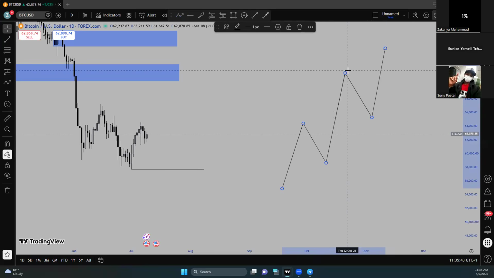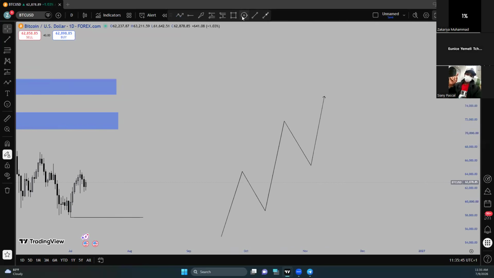In lower time frame, you can see something like this. Market gives you higher highs, higher lows, higher highs, higher lows, higher highs, then gives you structural shifts.